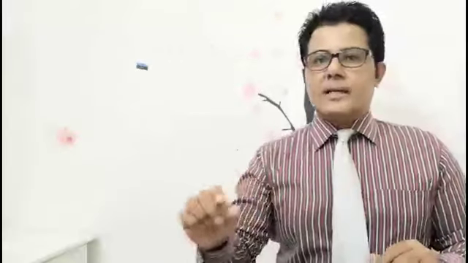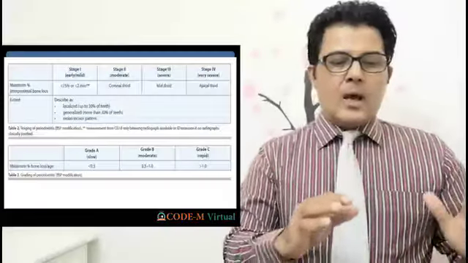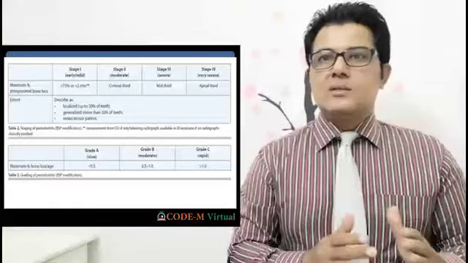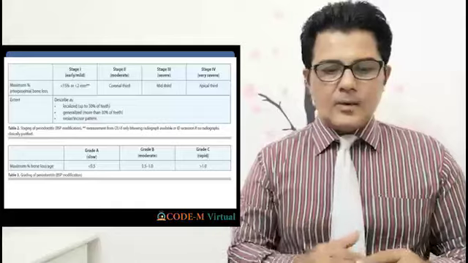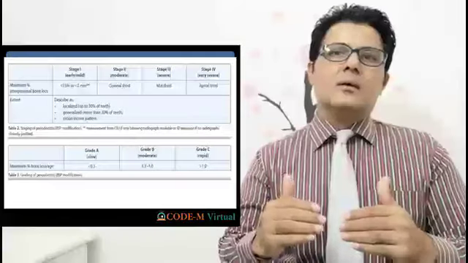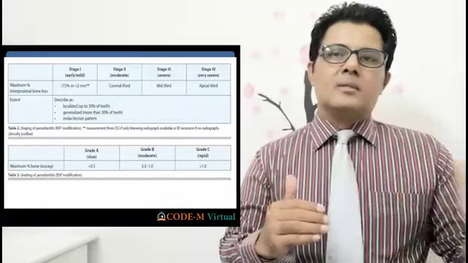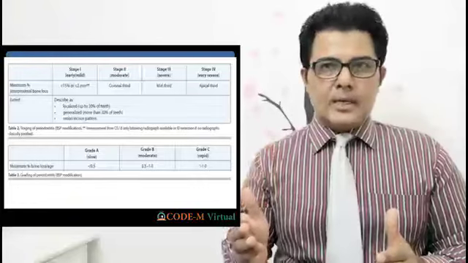First of all, we will talk about how we are doing this grading. We are doing grading A, B, and C according to the percentage bone loss divided by the age of the patient. So we have to divide the percentage bone loss by the age of the patient.